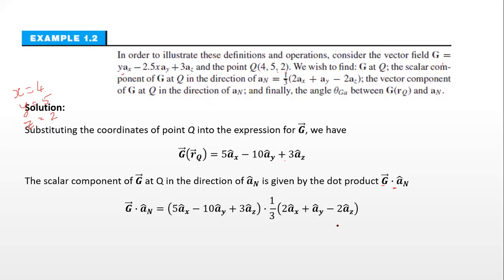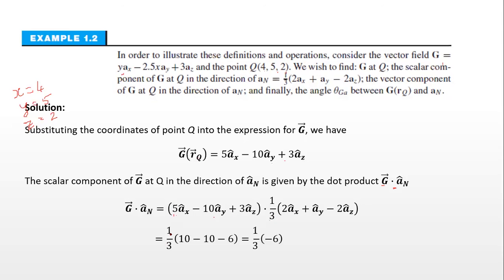How to find the dot product? Any vector a dot b is ax bx plus ay by plus az bz. That means you need to multiply x components, multiply y components and z components, and add them. So what do you get now? 5 multiplied by 2 by 3.